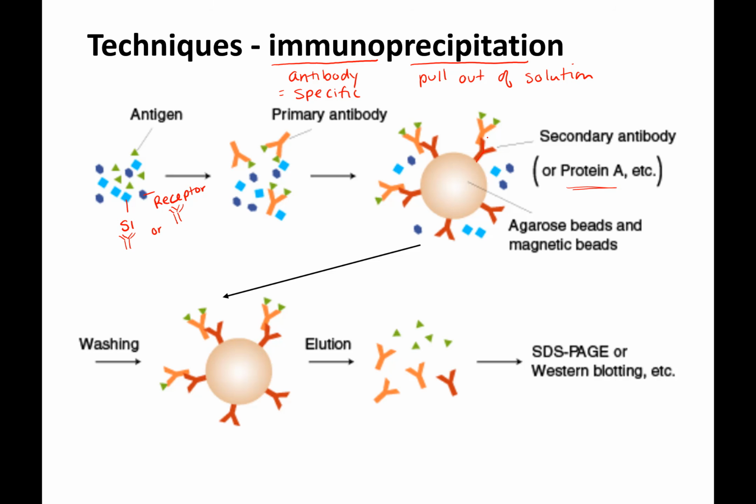And so they can pull down antibodies that maybe have proteins interacting together. So this is how we do the precipitation. And then the washing step means you just wash out all the other stuff that didn't bind. Elution means you release all these proteins, and then you run something called an SDS-PAGE or a Western blot.